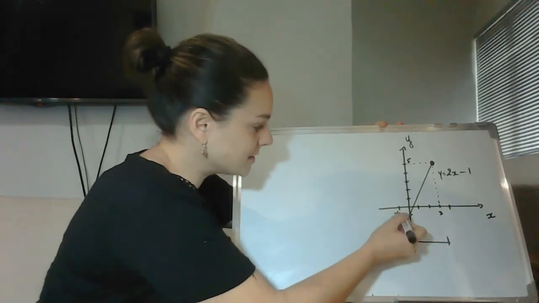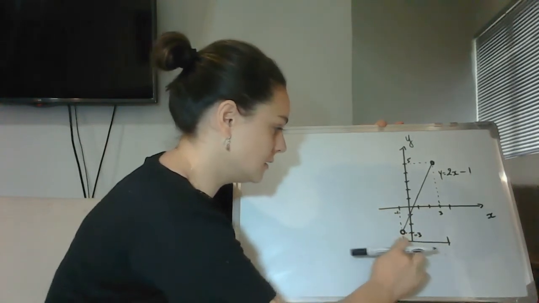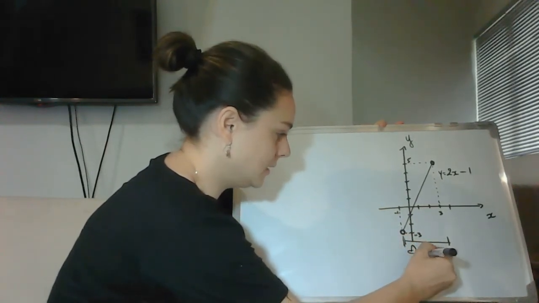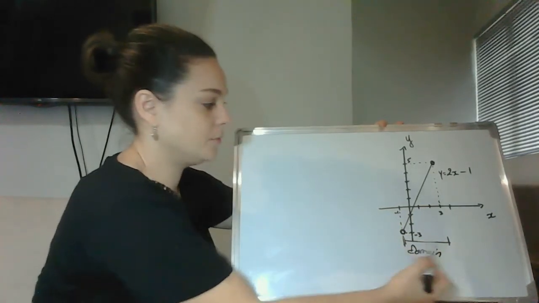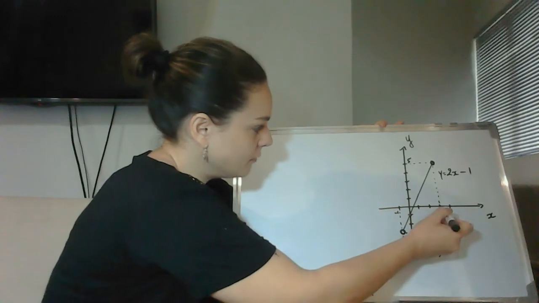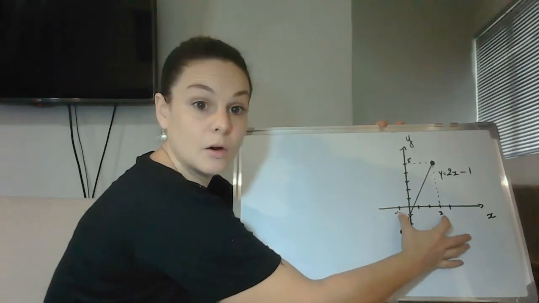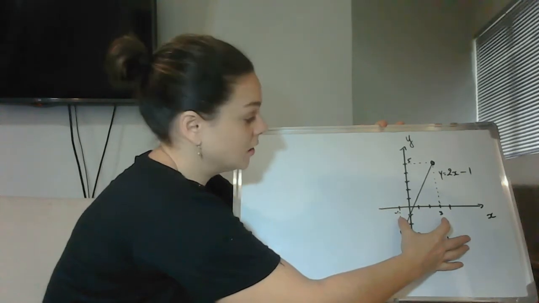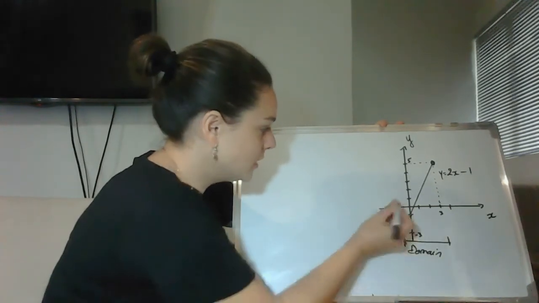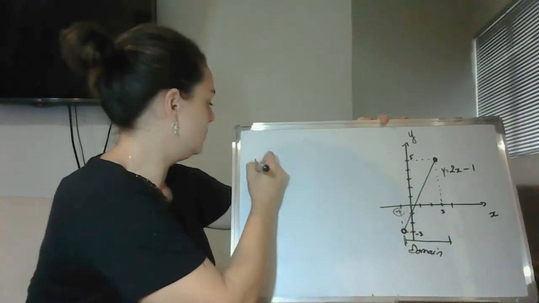So on the x-axis, the domain stops between those 2 points. You see, I read on the x-axis from here up to there. So that is my domain on the x-axis. So what is the minimum value of the x-axis here? It's minus 1.